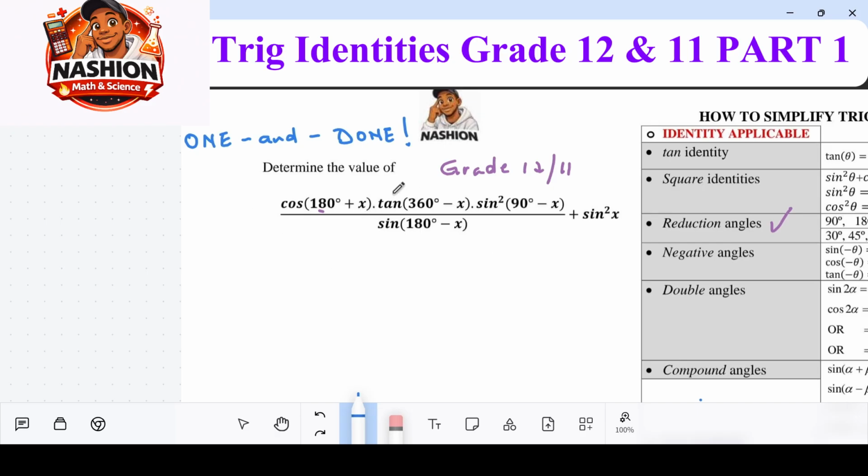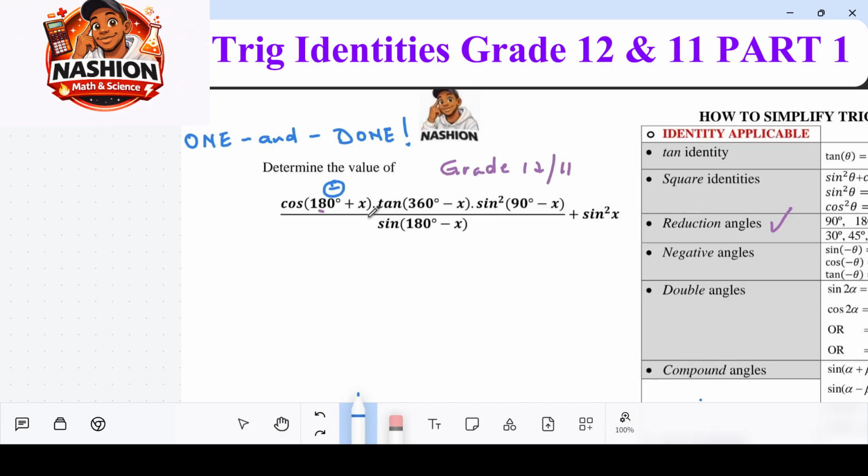Okay, let's do it. In the place of x, we are putting 1. Use your calculator. On your calculator, enter cos of 180 plus 1. What are you getting? You are getting a negative sign. Just like that, by putting 1, we are done with the sign.